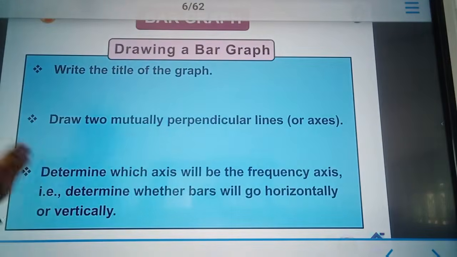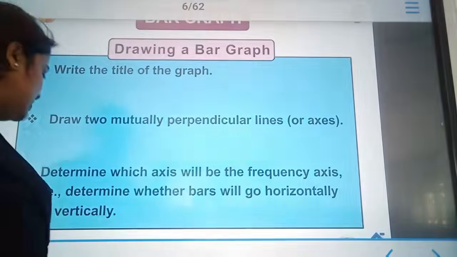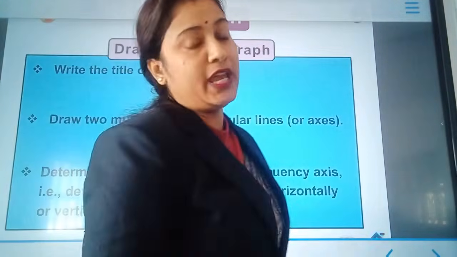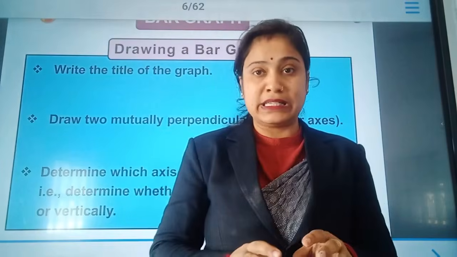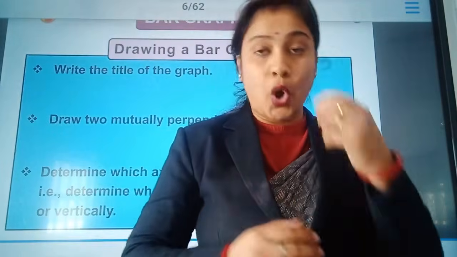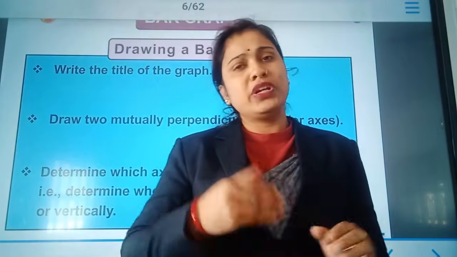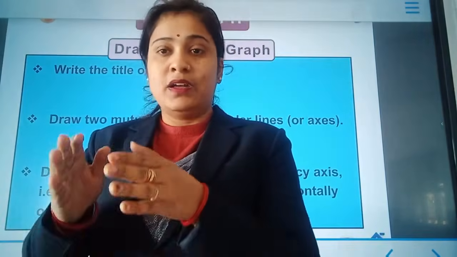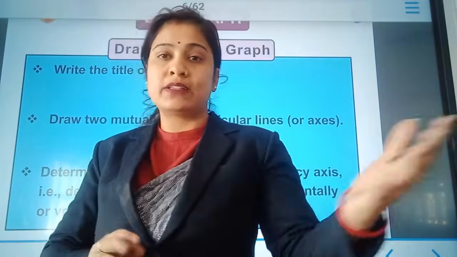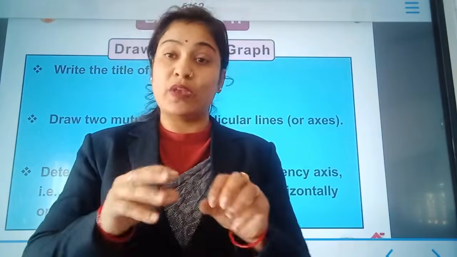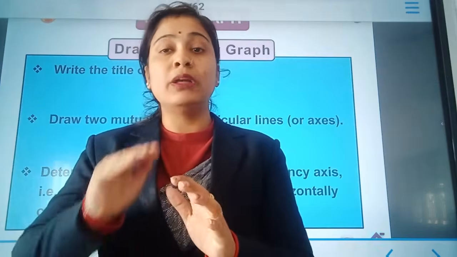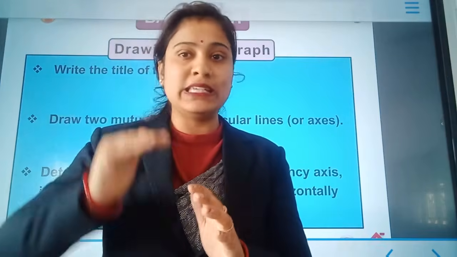Third is to determine which axis will be the frequency axis, that is, determine whether the bars will go horizontally or vertically. We have to name the axes on the basis of the observations given. It is up to you whether you consider the x-axis or the y-axis as the frequency axis, because we usually draw the bars along the frequency axis.